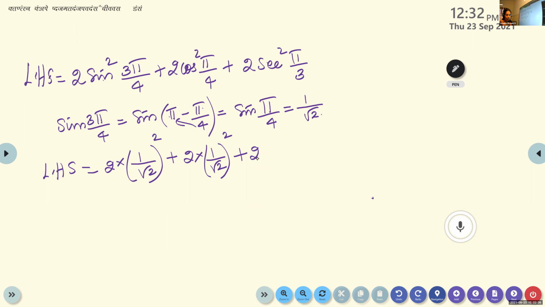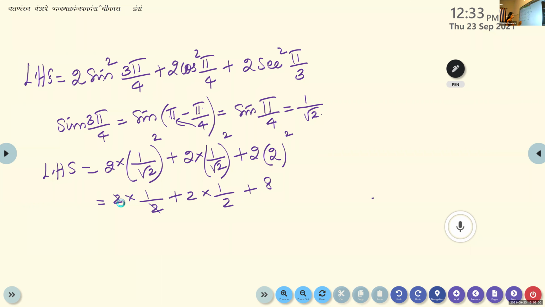Pi is 180, 180 by 3. Cos pi by 3 is 1 by 2. So if you take sec, it will become 2, the whole square. So it will become 2 into 1 by 2 plus 2 into 1 by 2 plus 8.